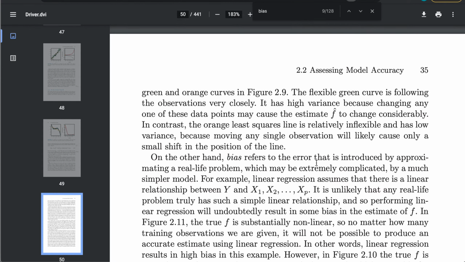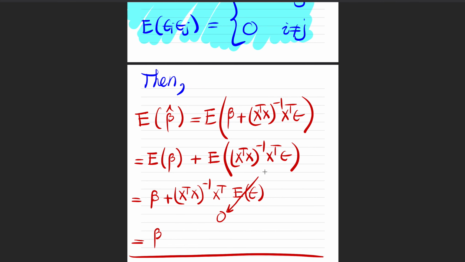Bias refers to the error that is introduced by approximating a real-life problem, which may be extremely complicated, by a much simpler model. Here, that's not happening. The model is linear, and we use a linear model. Therefore, there is no bias, and the bias is 0.